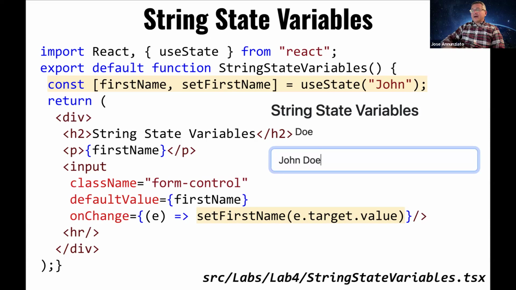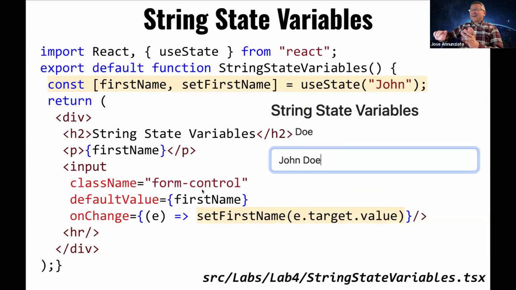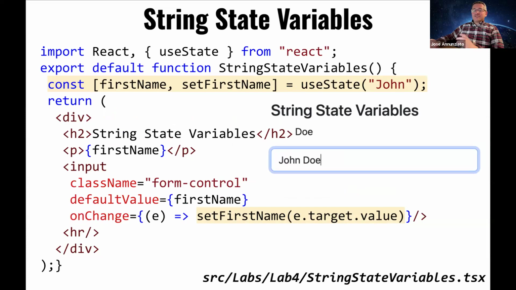So here what we're doing is initializing the default value. There's value and there's default value. Value, like we did here, oh, we don't have an example of value, not yet. So there's two attributes that you can use. There's value and there's default value.